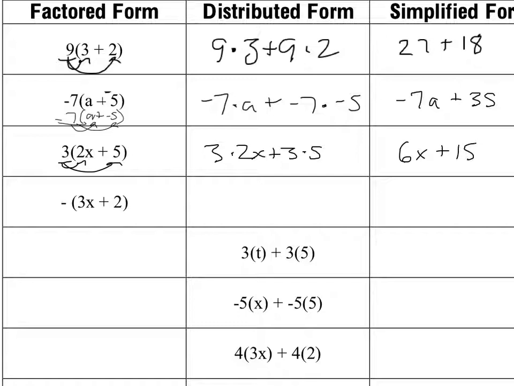Alright, so this next one is definitely the weird one. It says the opposite of 3x plus 2. Alright, so it's weird to think about this as distributing an opposite. We could think about this as an opposite of 3x plus the opposite of 2.